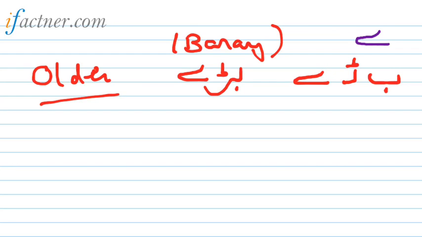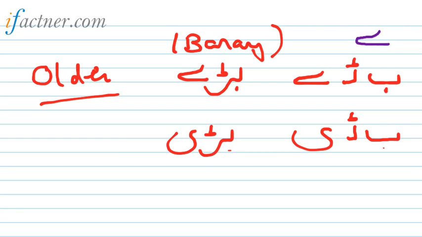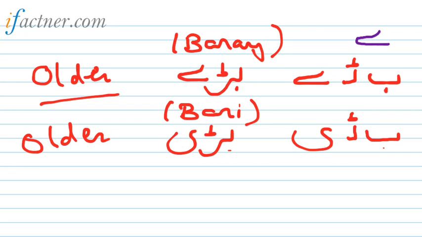Now let's see, if we use be, re, choti ye, then it is badi. It's not bade, it's badi, and badi means older woman, badi khala, older aunt. It's called badi khala.